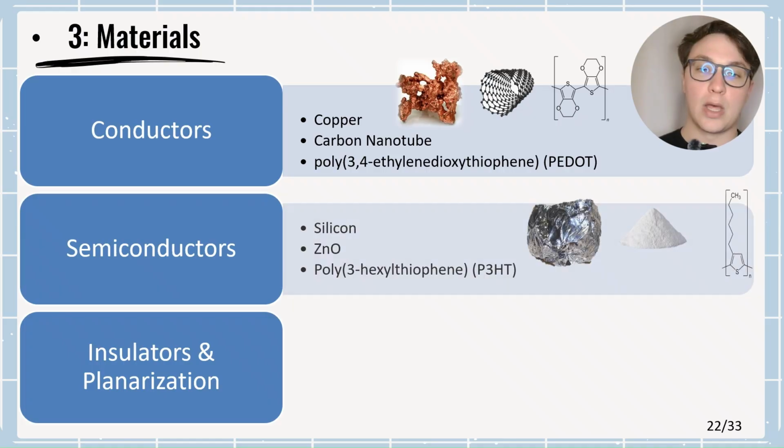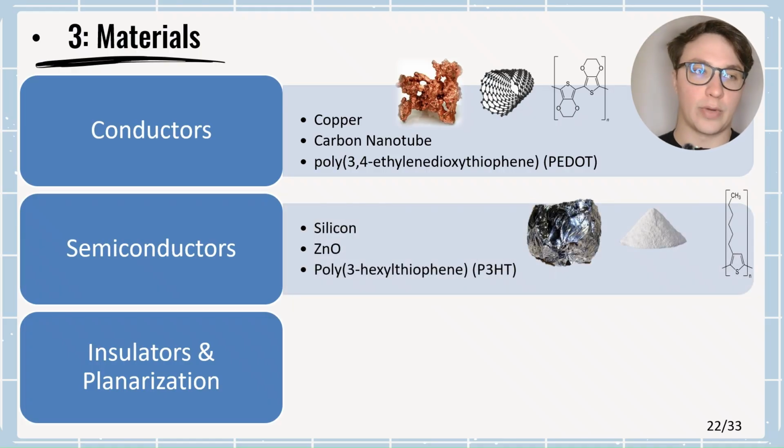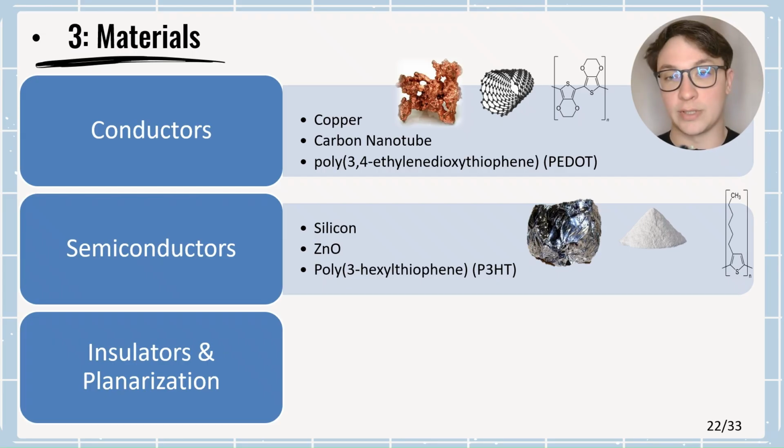biocompatible. Coming to the second category, semiconductors, of course, we can find some semiconductive elements in the periodic table. So silicon has to be mentioned, of course, but alongside germanium, and also some other very famous compounds, like gallium arsenide or silicon carbide.